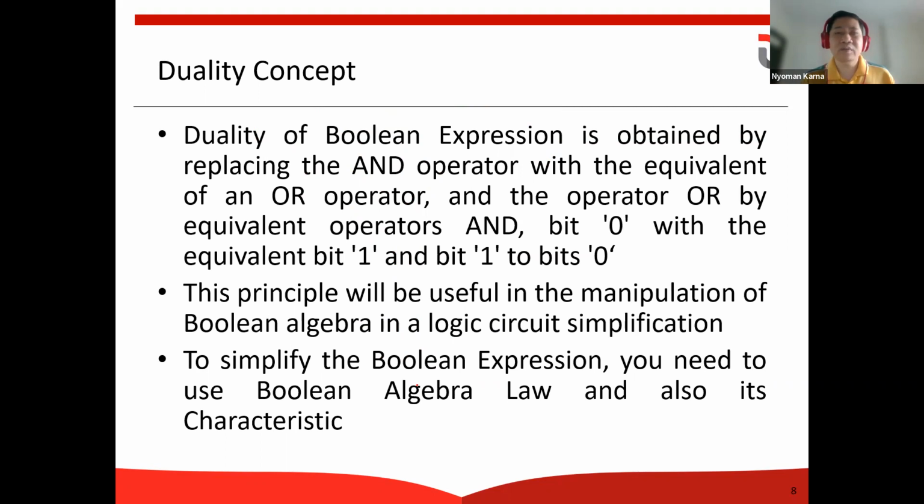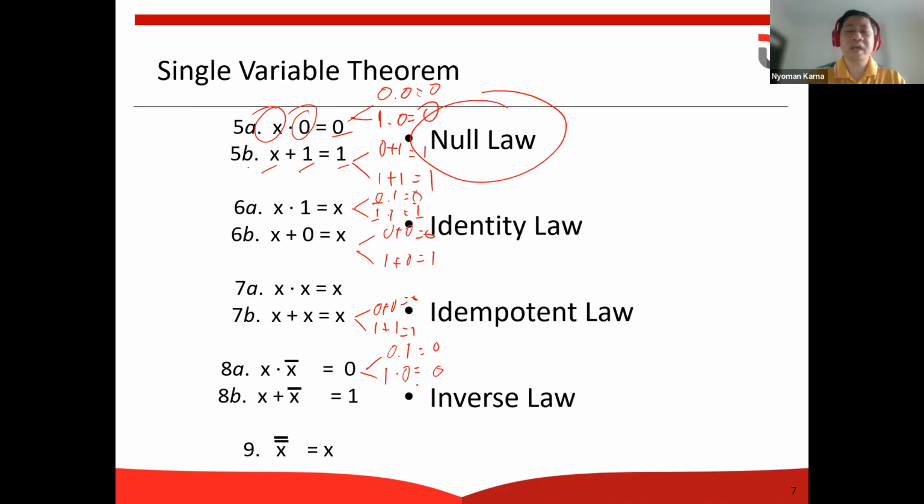The next one is duality concept. In duality concept, we understand that on the previous theorem, we have multiplication and addition. Is there a way that we can exchange between addition to multiplication or from multiplication to addition?